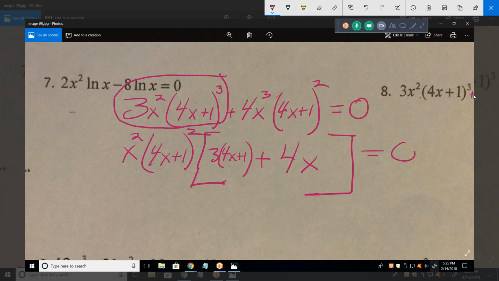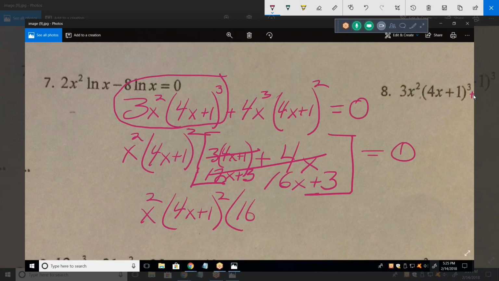Now distribute that, and we have 12x plus 3. Simplify that, and you have 16x plus 3. And so now what we have is x squared times 4x plus 1 squared times 16x plus 3 equals 0.